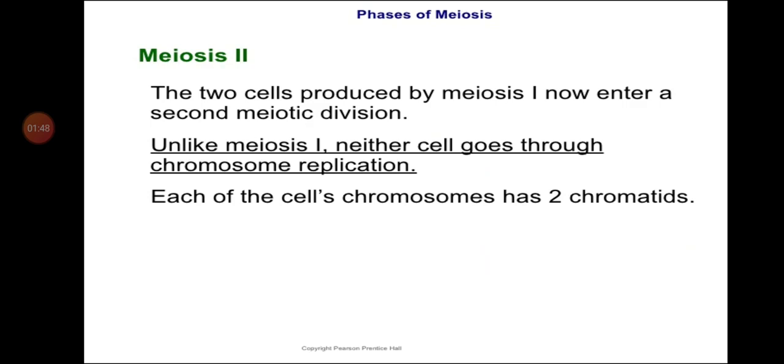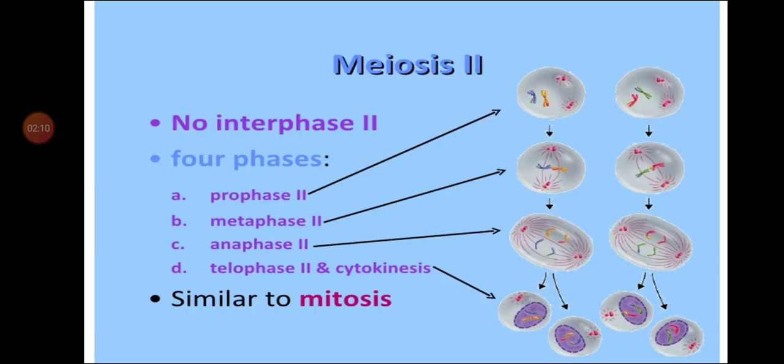We even started with meiosis 2. What is meiosis 2? The two cells produced by meiosis 1 now enter the second meiotic division, known as meiosis 2. Unlike meiosis 1, neither cell goes through chromosome replication. Each of the chromosomes has 2 chromatids.